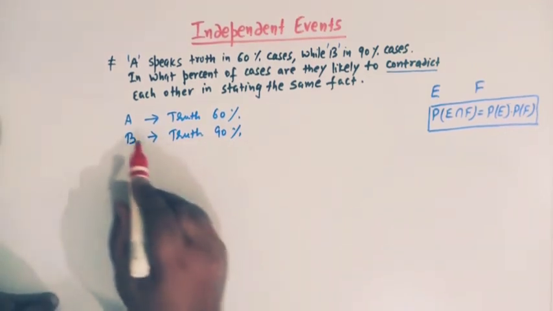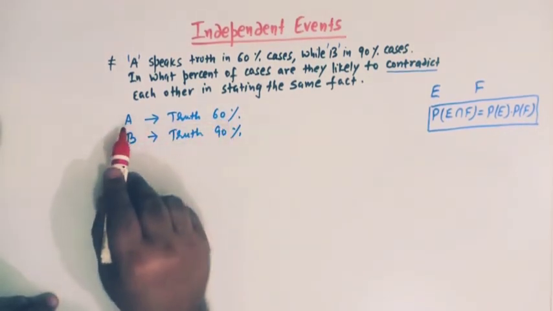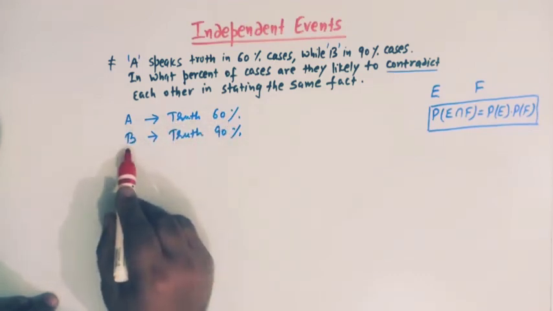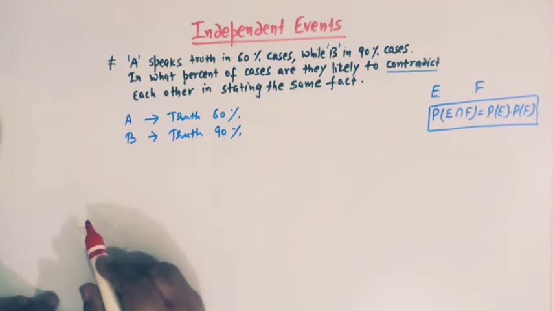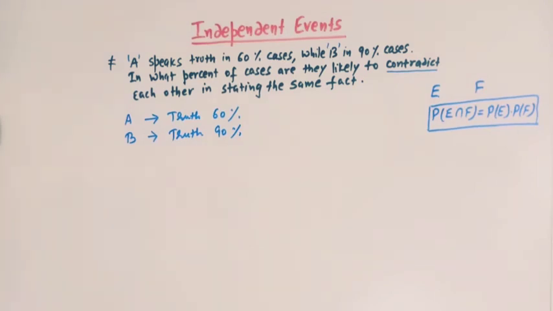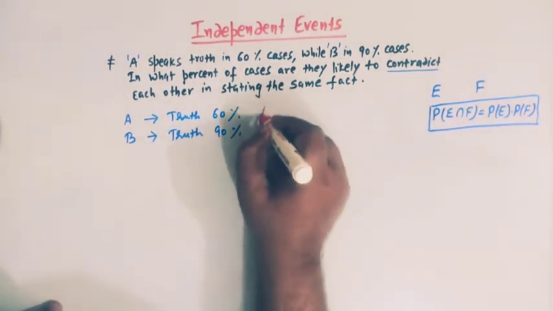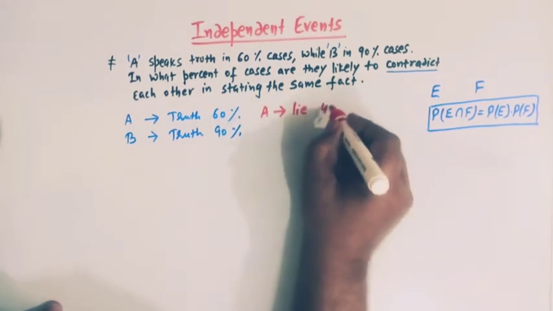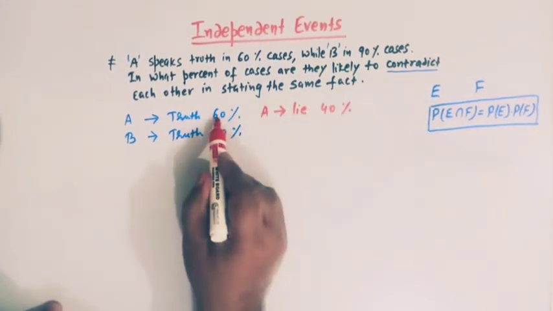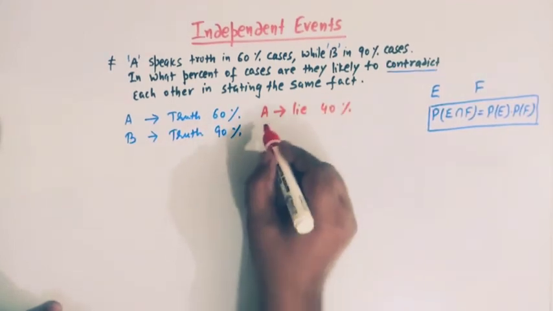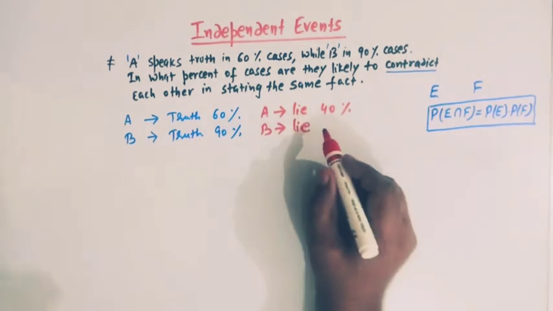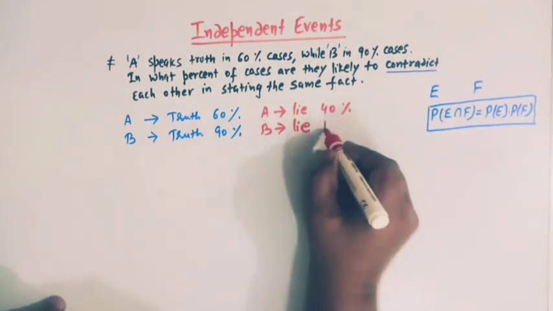Now here we are given the information that A speaks truth in 60% cases and B speaks truth in 90% cases. So it means that A lies in 40% cases, since 100 minus 60 is 40, and similarly B lies in 10% cases.